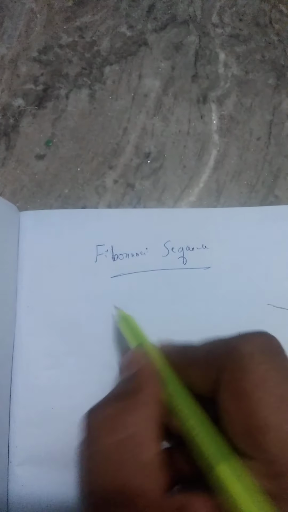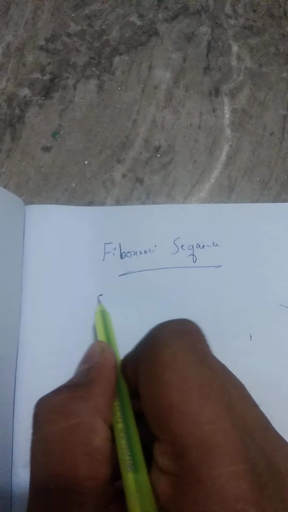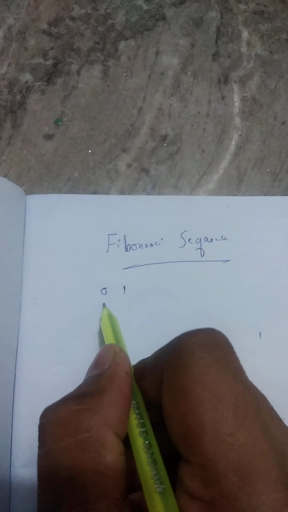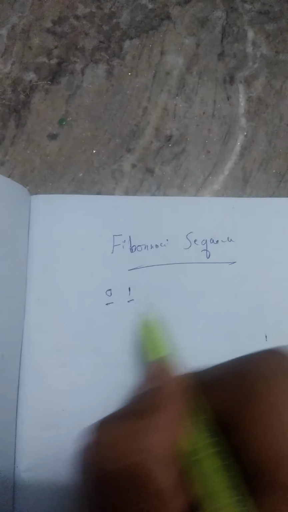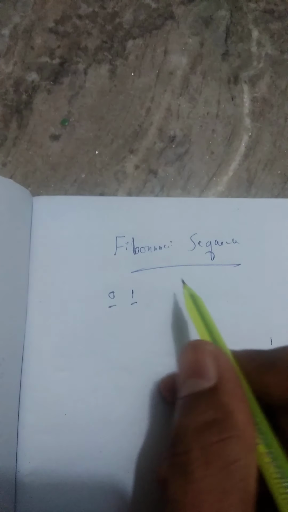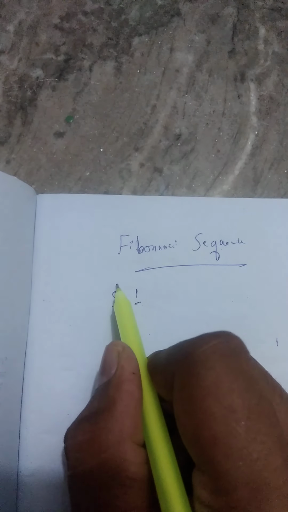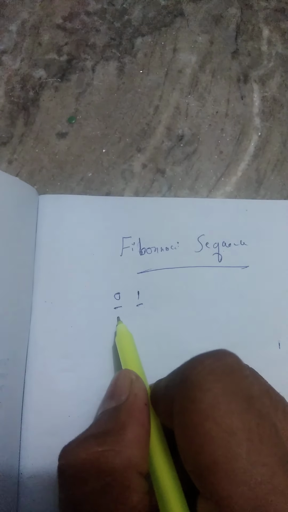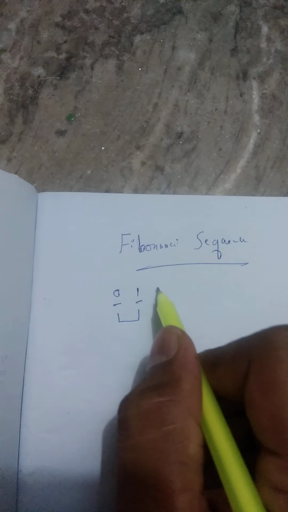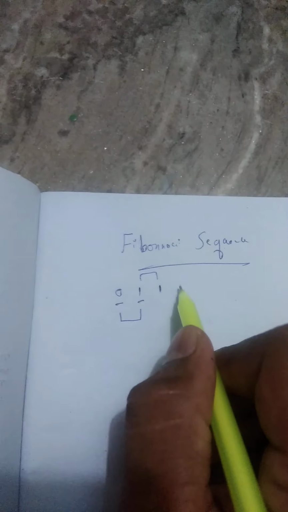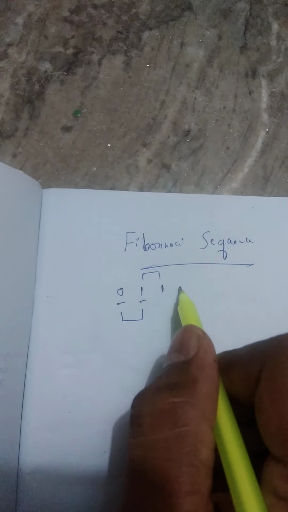In the Fibonacci sequence, we have 0 and 1. First of all, we print these two values. With these two values, we extend the series. We add these two values, getting 1 here, and then we add 1 plus 1, getting 2.